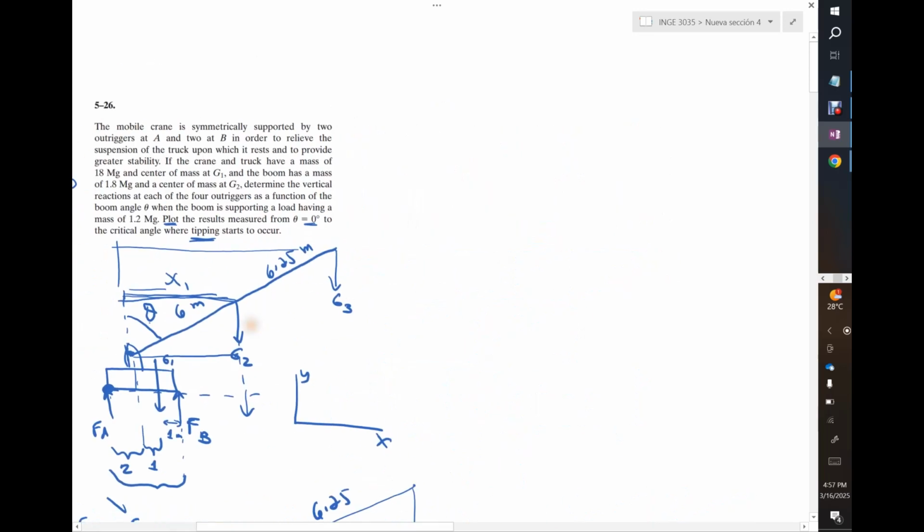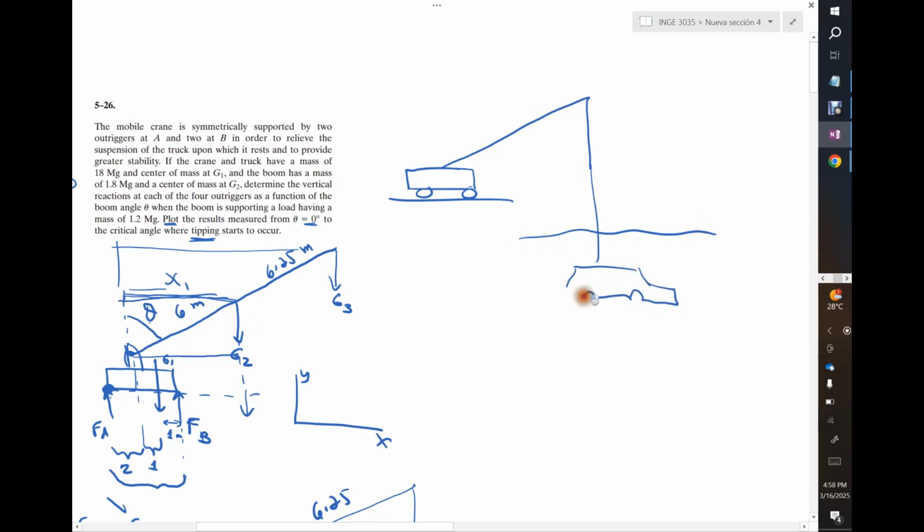Sort of like this kind of scenario where you have the crane. The crane is right here. Let's put a crane here, and it's trying to lift a car that is in a lake here. You are trying to lift the car from here, but that car is also full of water, and the load here is definitely greater than what you estimate with the car alone.